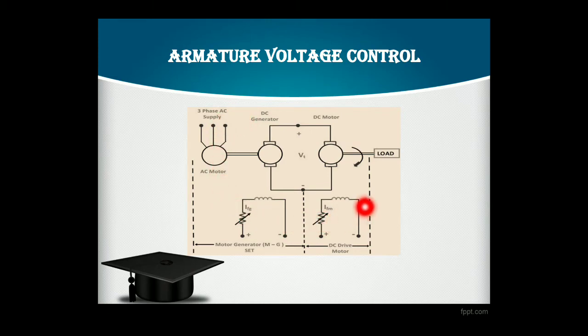So how is it possible? The three-phase AC induction motor acts as a prime mover of the DC generator. It supplies torque to the armature of the DC generator, and since this is a separately excited DC generator, by varying the field flux we can increase or reduce the induced EMF of the DC generator.